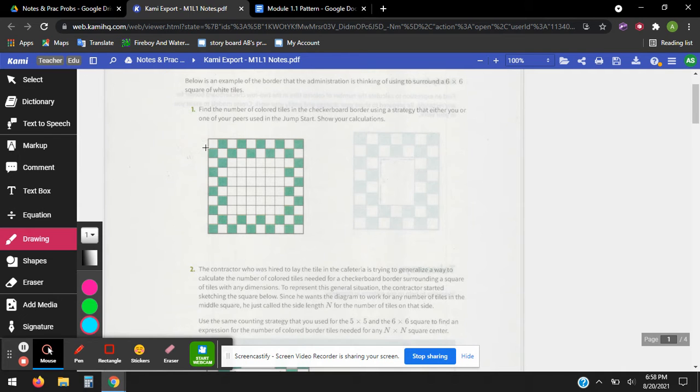But one thing I notice is here is kind of the width of these. And this is kind of the outline of my white tiles in the center.